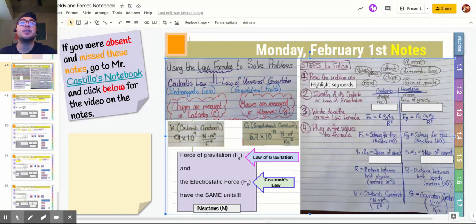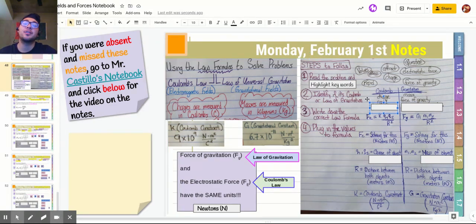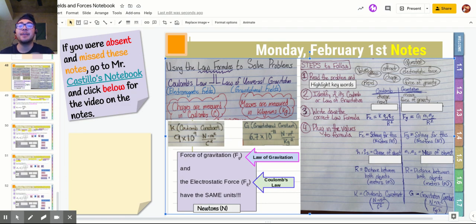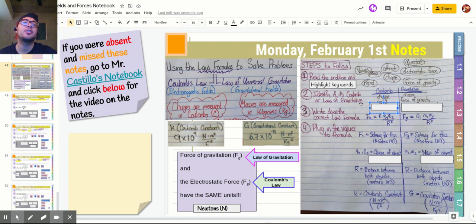If it says repel, it's also Coulomb's law, because electric and magnetic fields are the only fields that actually repel. If it mentions electrostatic, electricity, or magnetism, you will be using Coulomb's law.